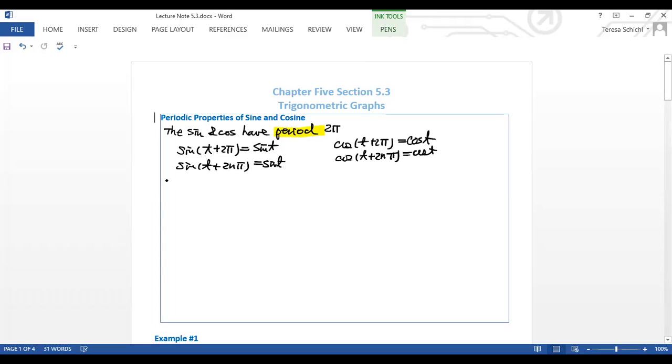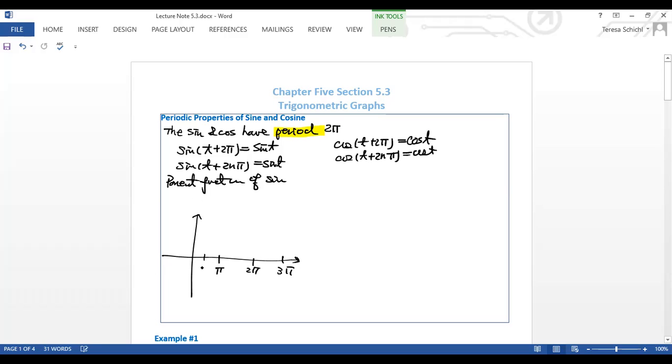Based on that, let's take a look at what the fundamental, or parent, functions of sine and cosine look like. Here on the axis, this is pi, this is 2 pi, and this is 3 pi, and it continues.